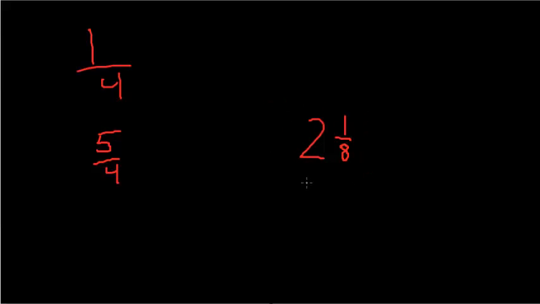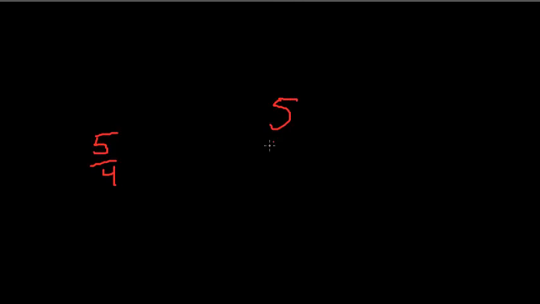One thing we can do with fractions is convert, say, our improper fractions into mixed numbers and vice versa. We'll start by taking a look at 5/4 and convert that into a mixed number. To convert this into a mixed number, we need to divide 5 divided by 4. So we mentioned earlier, a fraction is a division problem. So I can take 5 divided by 4. 4 goes into 5 once, which gives us 4 down here.